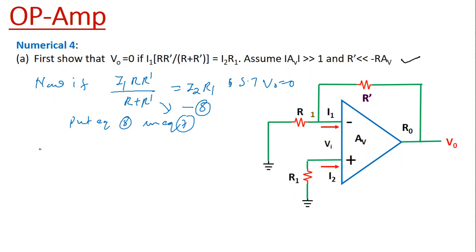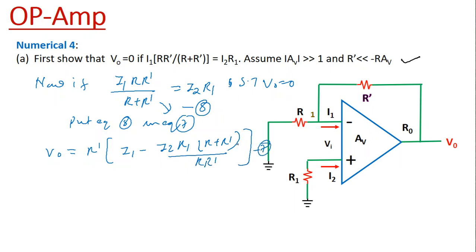So what we will get? Our equation number 7 was VO is equal to R dash into (I1 minus I2 R1) multiplied by (R plus R dash) divided by R dash. Now here we put I2 R1 is equal to I1 into R dash divided by R plus R dash.